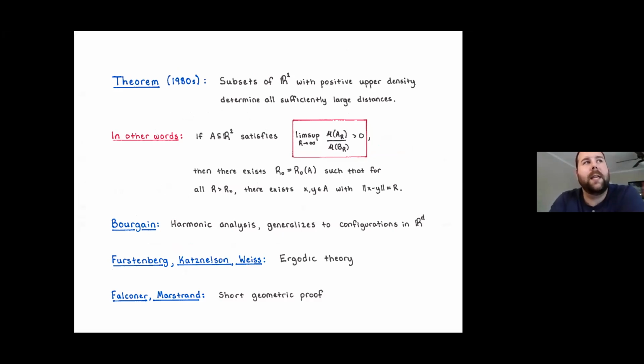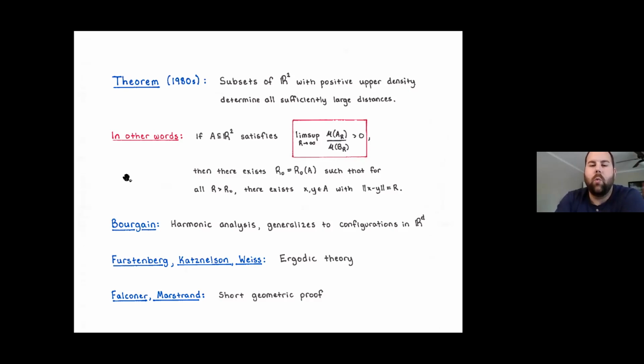And there's this really nice result of Jean Bourgain and others independently, that if you have a positive proportion of the plane, then that set has to determine all sufficiently large distances. You could avoid 1 or 2 distances or any finite collection of distances, but eventually there's going to be a threshold where you have all the distances.